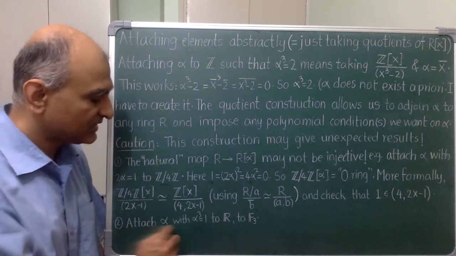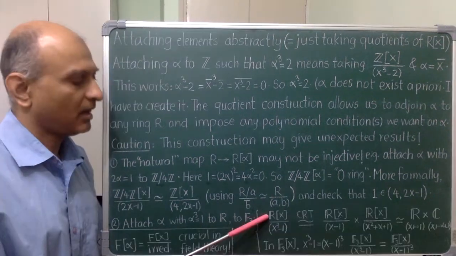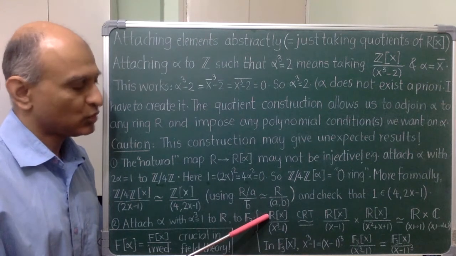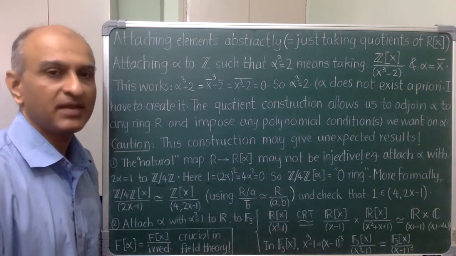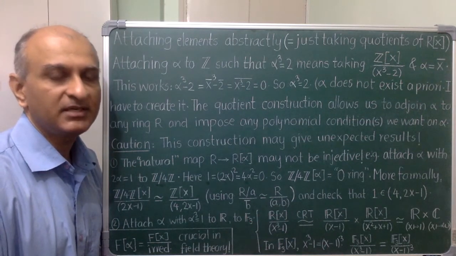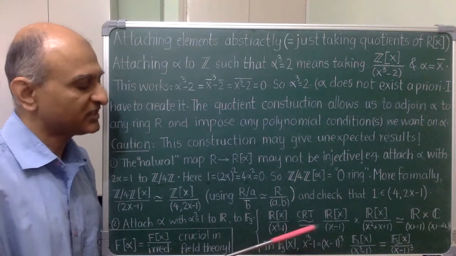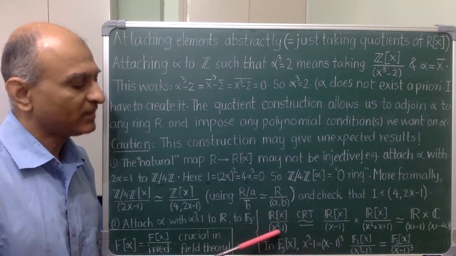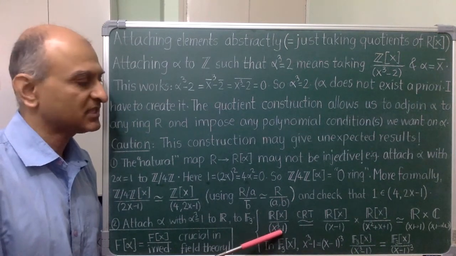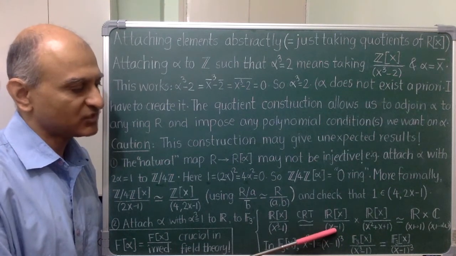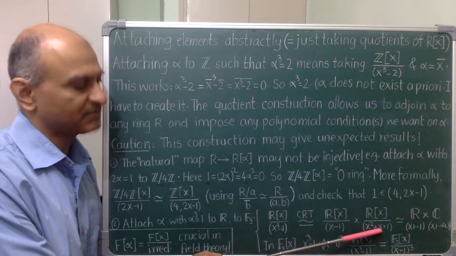See what happens in this example. R[x] is a PID. So, no matter how many conditions I put on alpha, they will be generated by a single monic polynomial. But here I already have such a polynomial. So, let's see what happens. X cubed minus 1 over real numbers factors into x minus 1 and x squared plus x plus 1.